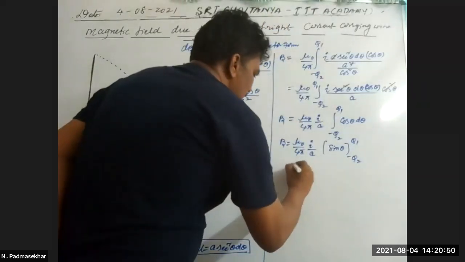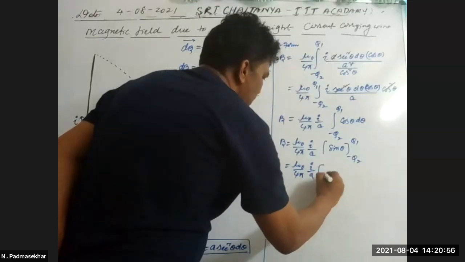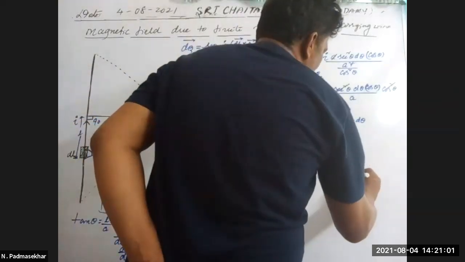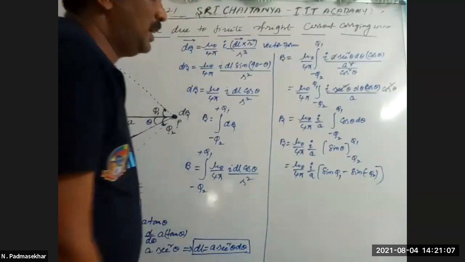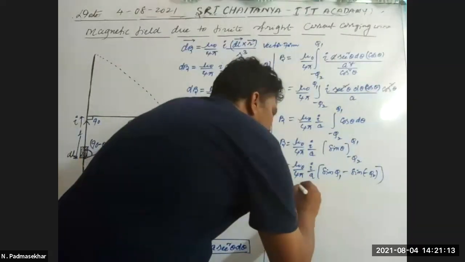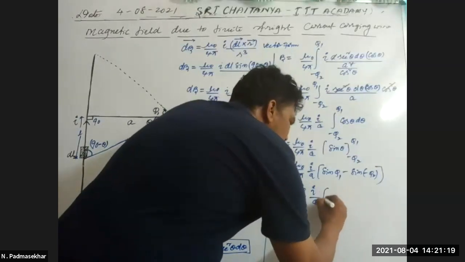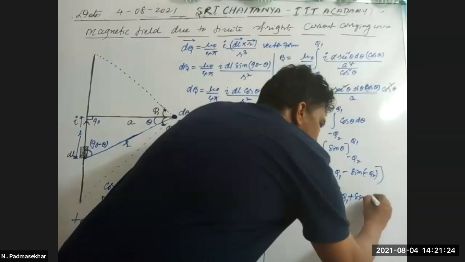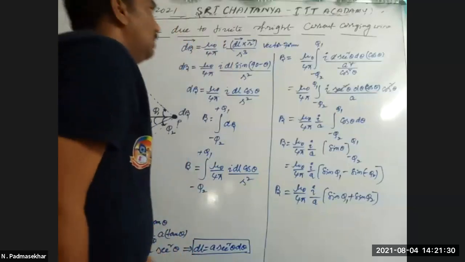So this is equal to mu naught by 4 pi I by A, the upper limit sin phi 1 minus the lower limit sin of minus phi 2. Sin of minus phi 2 is minus sin phi 2. So this is equal to mu naught by 4 pi I by A into sin phi 1 plus sin phi 2.